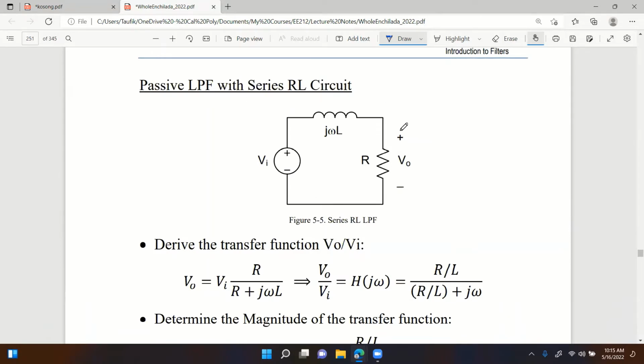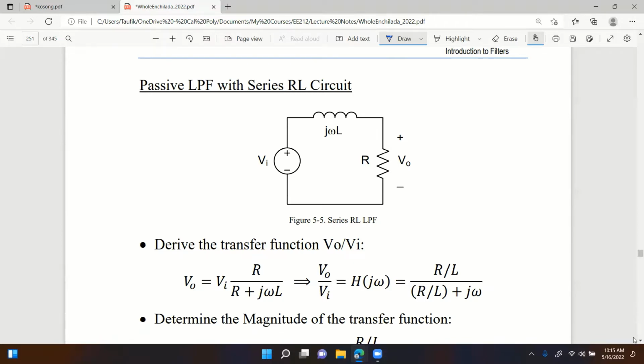For the series RL circuit, just like any other filter circuit, it is important for us to know how to define the output voltage. Which component defines the output voltage? For the series RL circuit, the output voltage is defined to be across R, across the resistor.